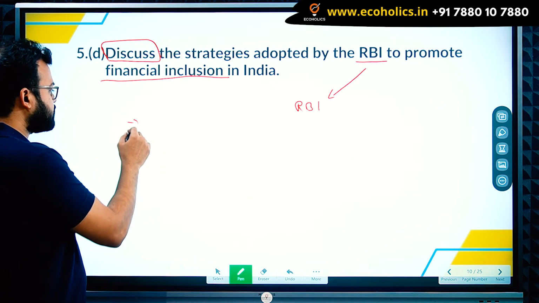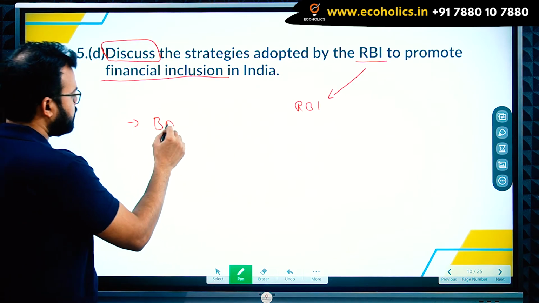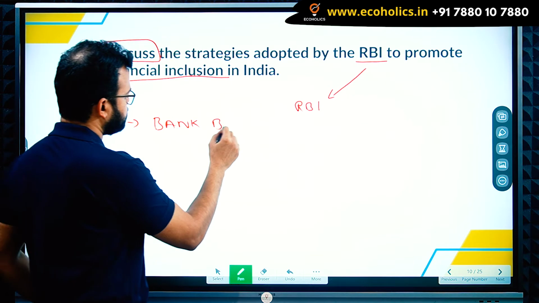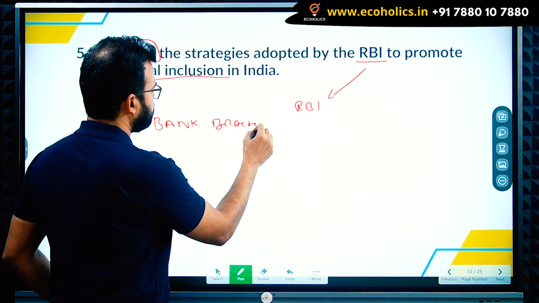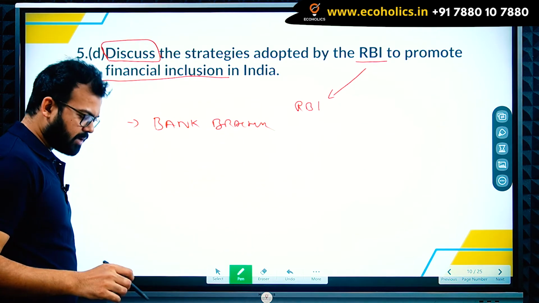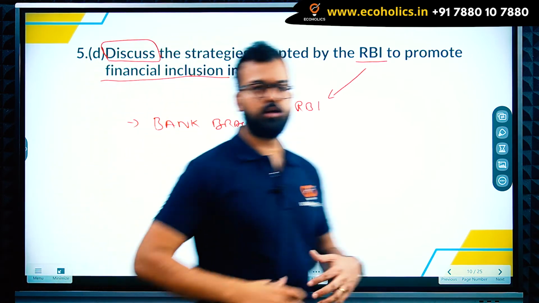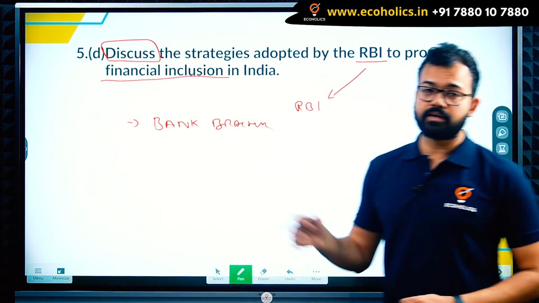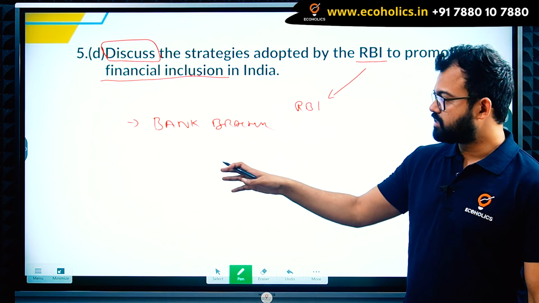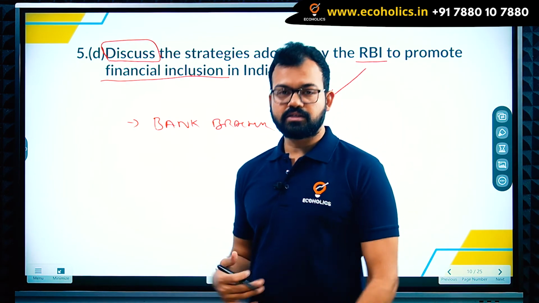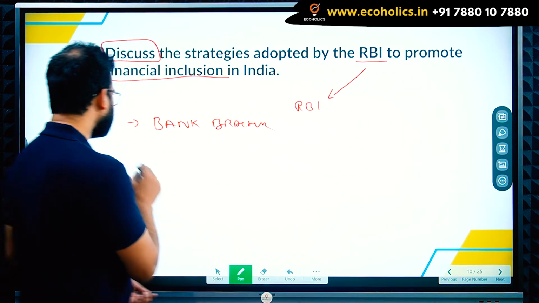Now, what is the first thing? Opening bank branches in the rural areas. This is a decision by RBI, because in order to open a branch or get a license, you have to get approval from RBI. So bank branches in unbanked areas. These are the initiatives taken by RBI.